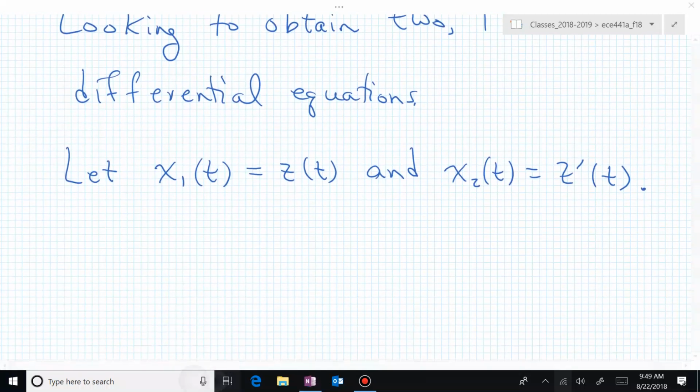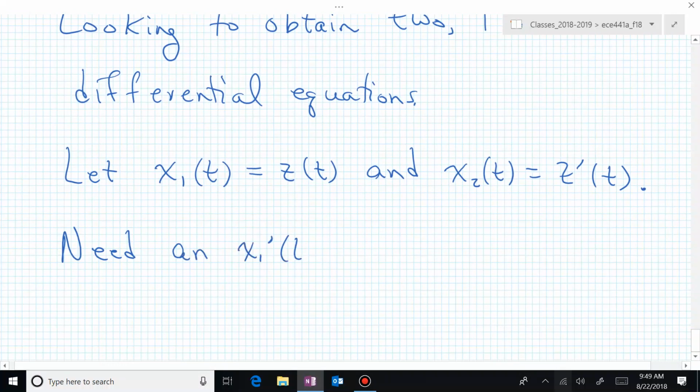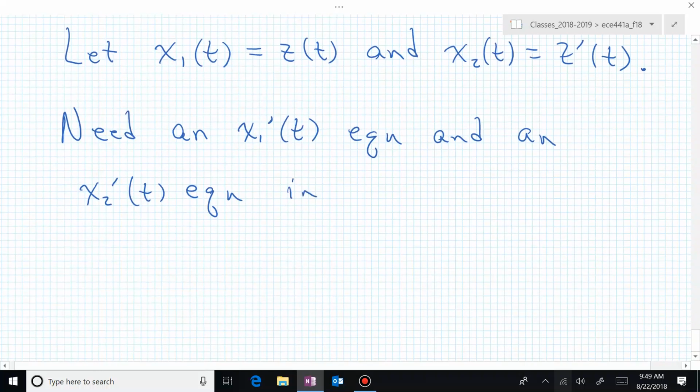What we are looking for is an x1 prime equation and an x sub 2 prime of t equation. And we want to write those equations. So that will be on the left-hand side of our equations. And on the right-hand side, we want to only have state variables, no derivatives of state variables, and our inputs.